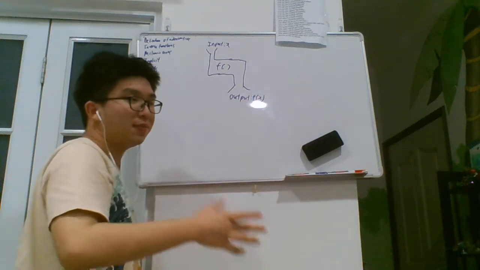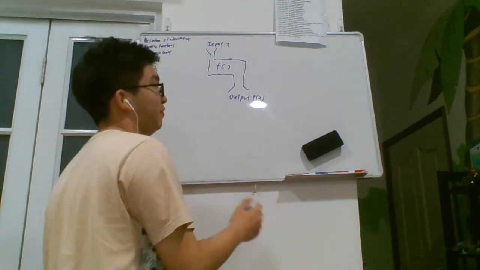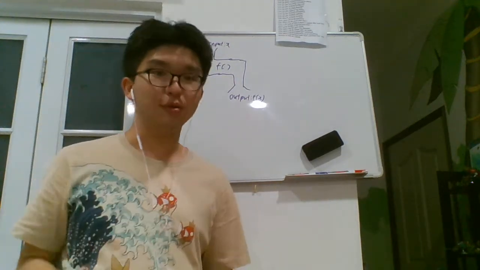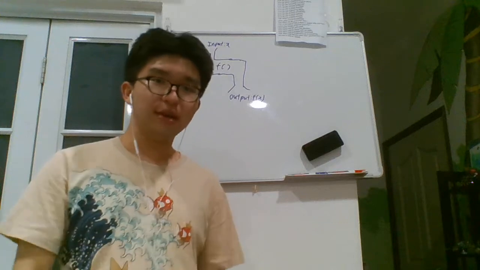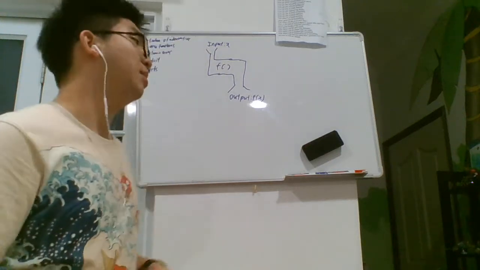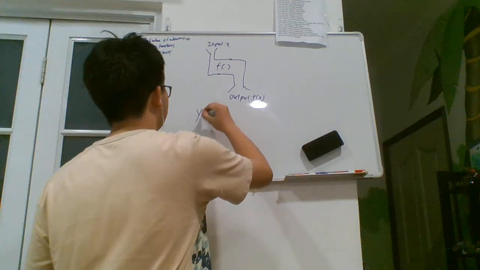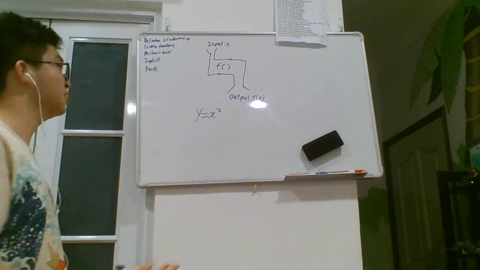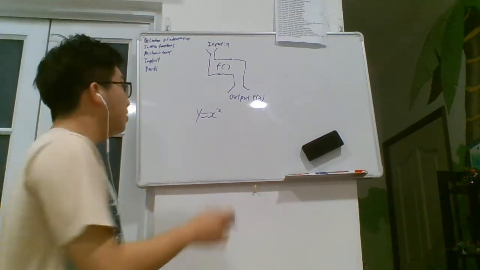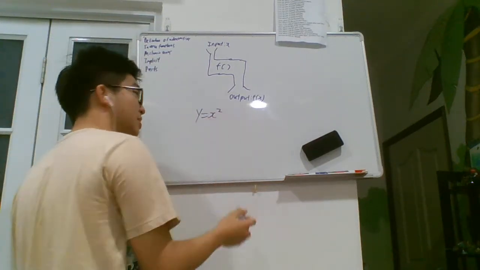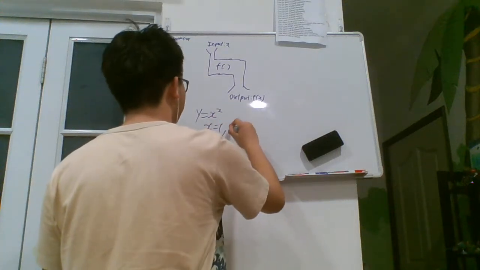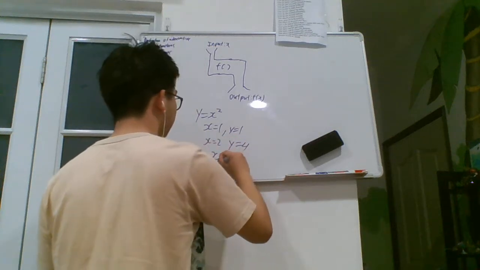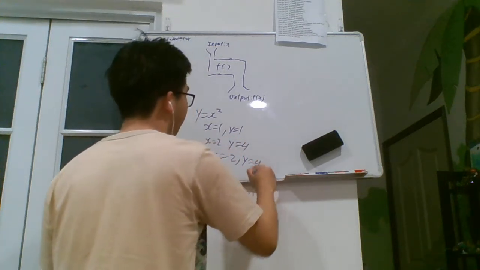But one thing that separates a function from an equation is that a function can have many different inputs, but each input only has one output. So what do I mean by that? Let's talk about maybe the simplest quadratic function. For every single x I substitute in, let's say x equals 1, y will be equal to 1, x equals 2, y will be equal to 4, x equals negative 2, y will also be equal to 4.